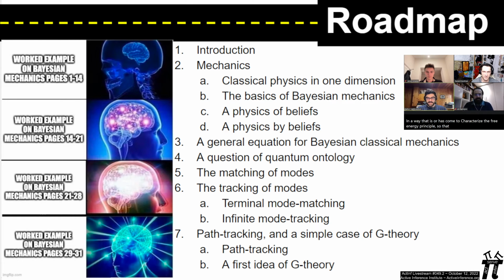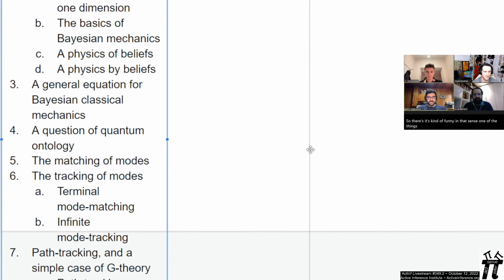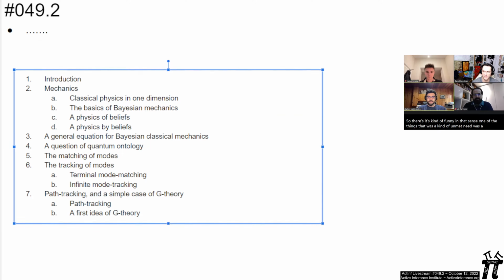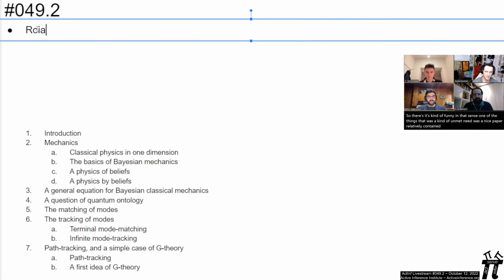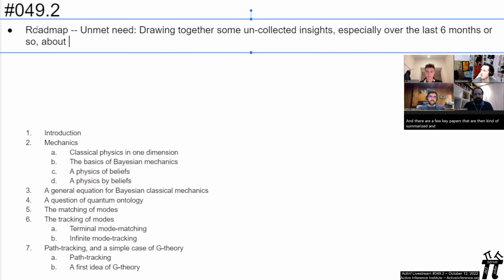One of the things that was a kind of unmet need was a nice paper, relatively contained, that drew together some of the recent ideas that have been written in the past 6 months or so about what we've called Bayesian mechanics. There are a few key papers that are summarized and put on stage in the first maybe 4 sections.